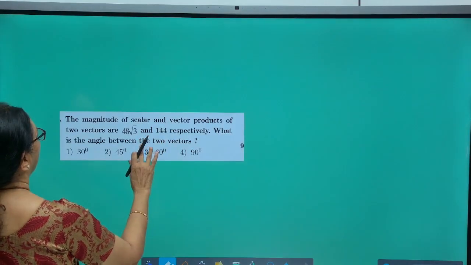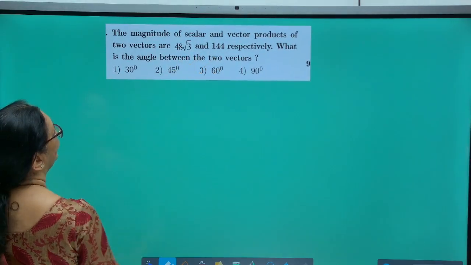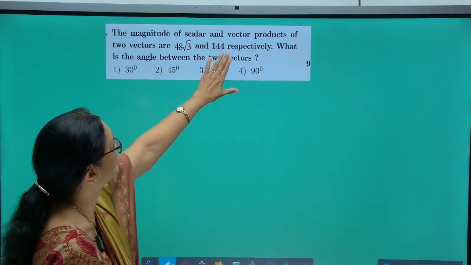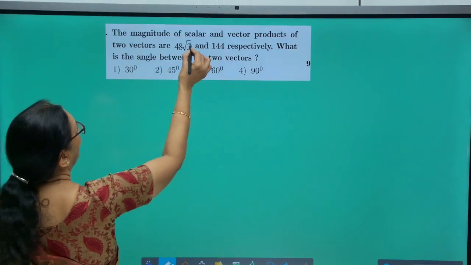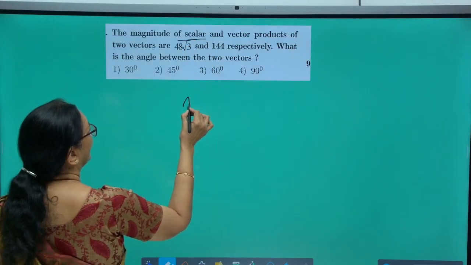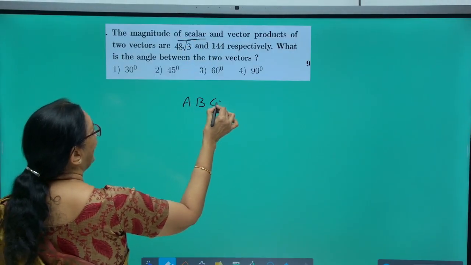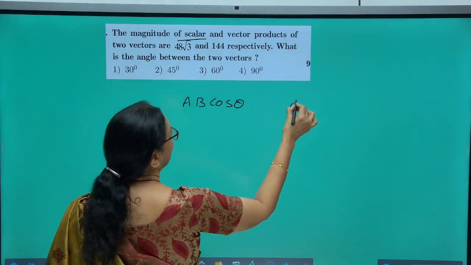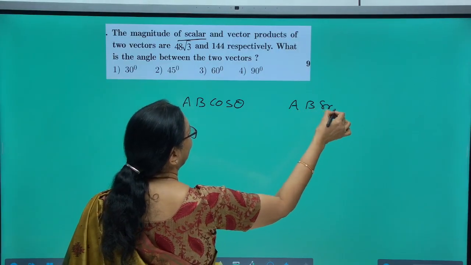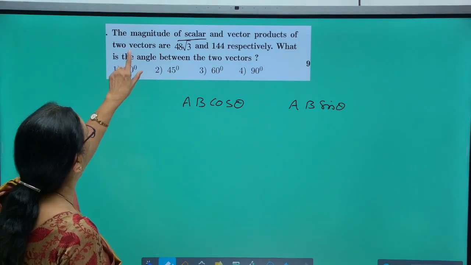Look here, the magnitude of scalar and vector product of two vectors are given respectively. What is the angle between the two vectors? Magnitude of scalar product of two vectors is AB cos theta. Vector product of two vectors is AB sin theta. What is given here?